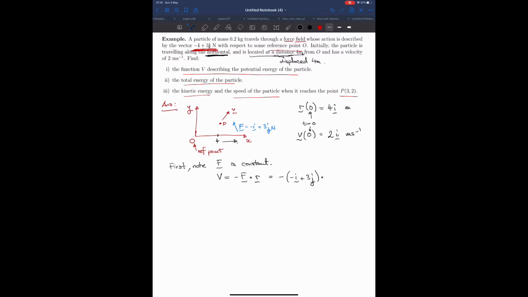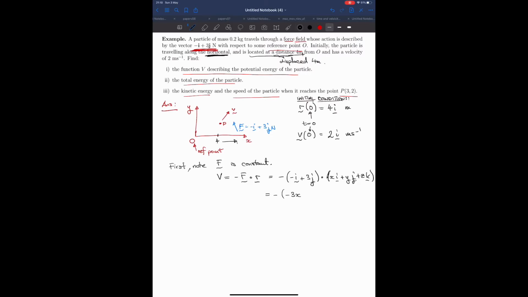dot, now what's r? r is xi plus yj plus zk. Don't confuse it with what I wrote above, because this is the initial conditions. So with this in hand, I can clearly construct the dot product. So that is minus 3x.